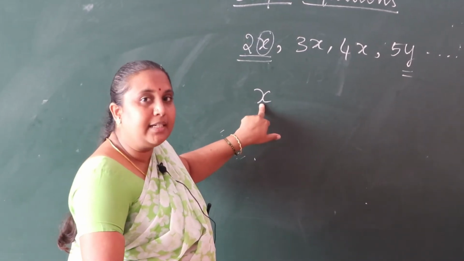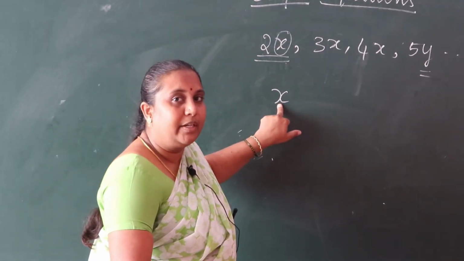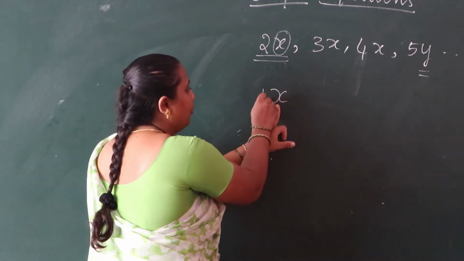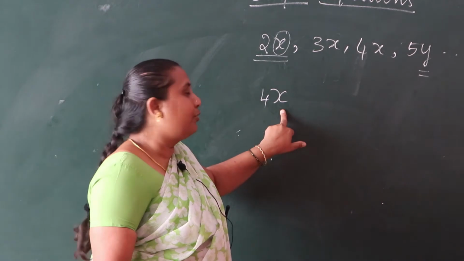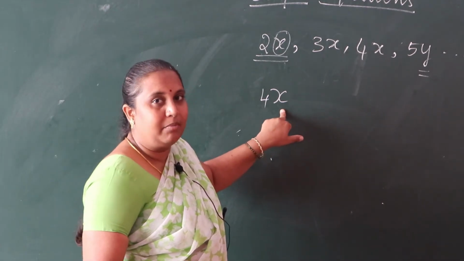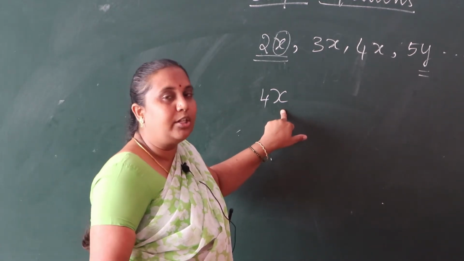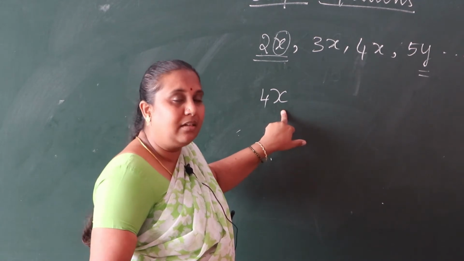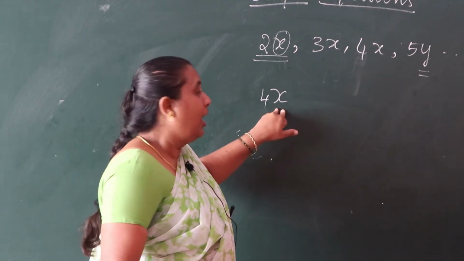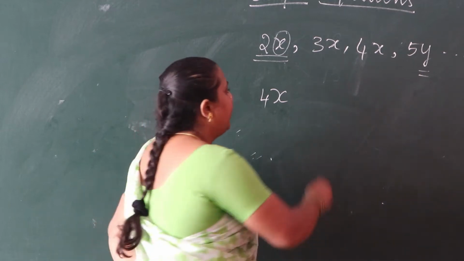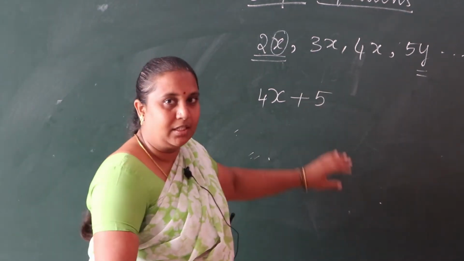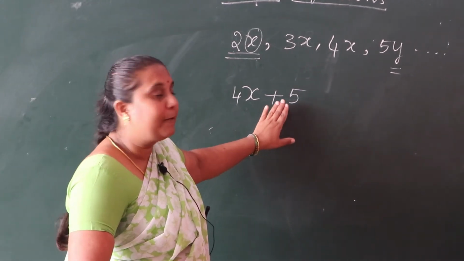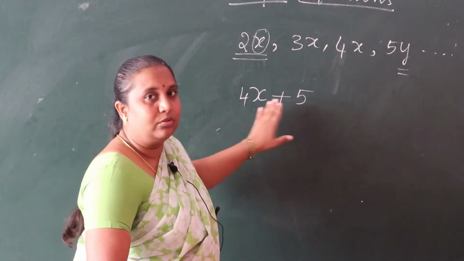Now you should multiply that number by 4. Are you understood, children? What is the number you thought in your mind? You should multiply that number by 4 and add 5 to it.